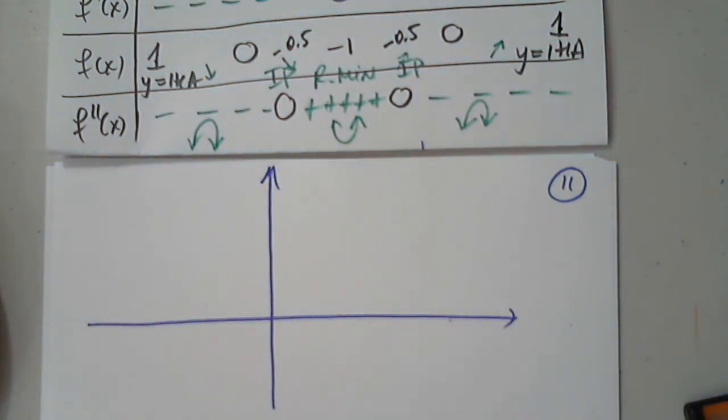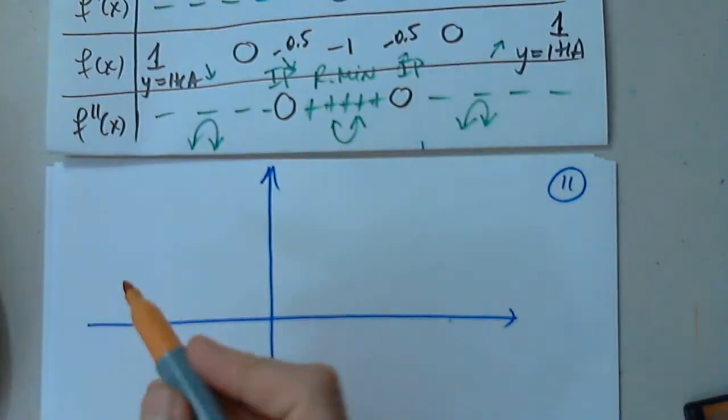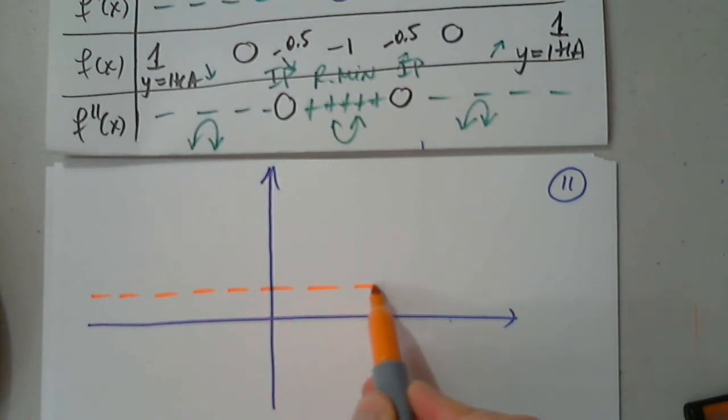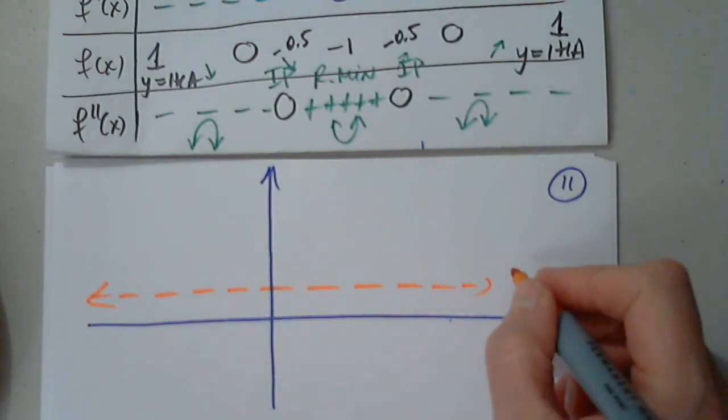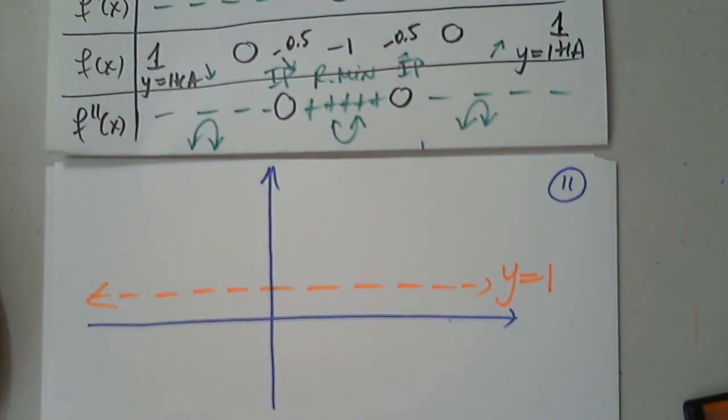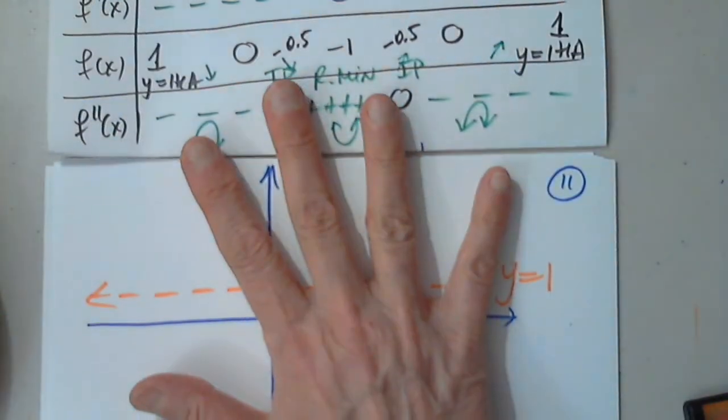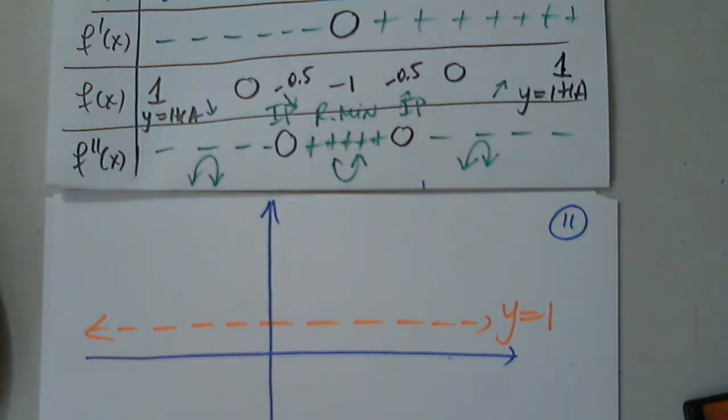When I graph a function with asymptotes, I have to start by graphing the asymptotes first. There is only one. Asymptotes are not part of the graph, so they cannot be graphed as solid lines. Then I continue with the ordered pairs. And I have -2, 0.